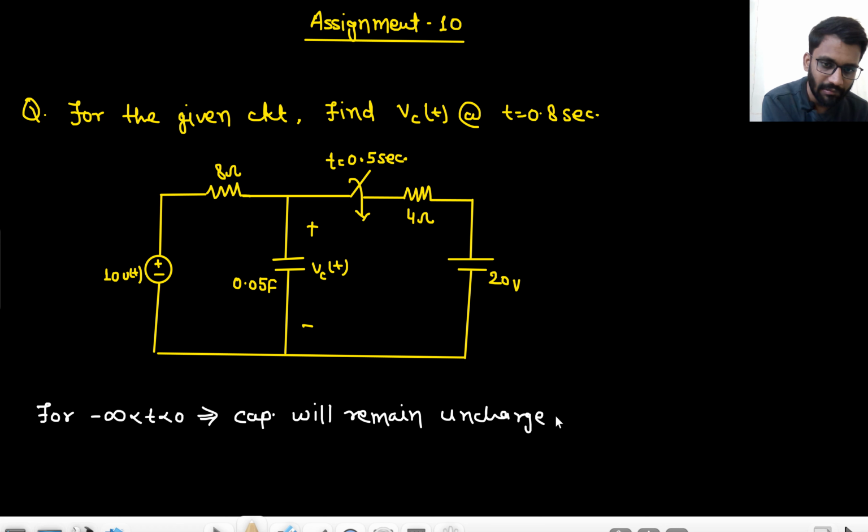Why so? Because this 20 volt is not there because the switch is open. Also this 10 volt is not there because it is 0 volt for t less than 0. So this is also 0. So there is no voltage source that can charge the capacitor. So the capacitor will remain uncharged for t less than 0.